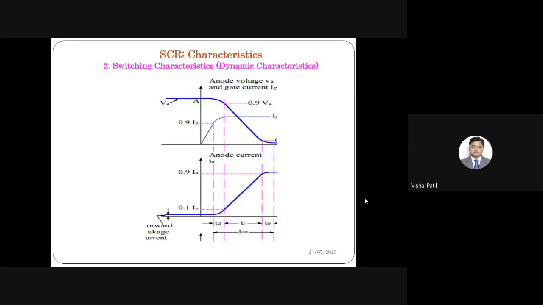Okay, so this is what you can see in the switching characteristic. Switching characteristic चा हा पार्ट इथे दाखवलेला आहे ज्याच्यामध्ये फक्त टर्न ऑन स्विचिंग कॅरेक्टरिस्टिक तुम्हाला दिसत आहे.